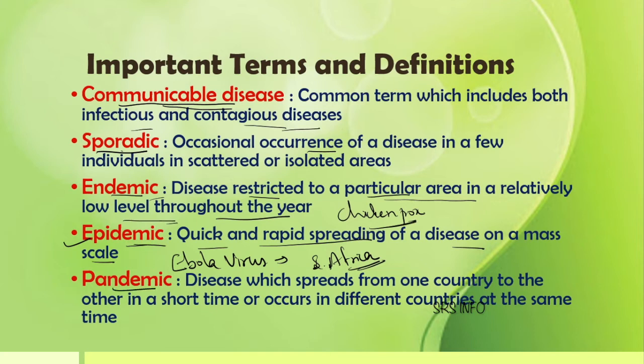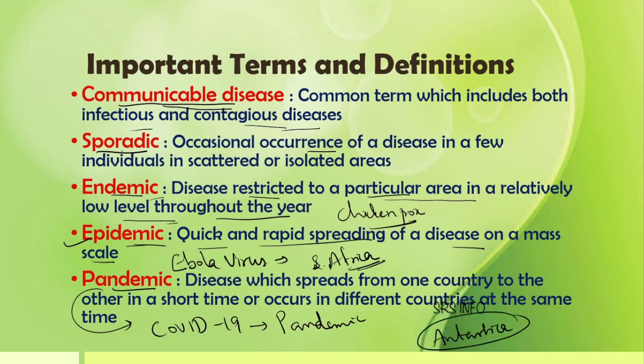Then what is pandemic? It's more dangerous. COVID-19 pandemic. Why? All geographical barriers are overcrossed. In the case of COVID-19, it spread all over the globe. Only Antarctica is not affected. All other continents are affected by the COVID-19 pandemic.